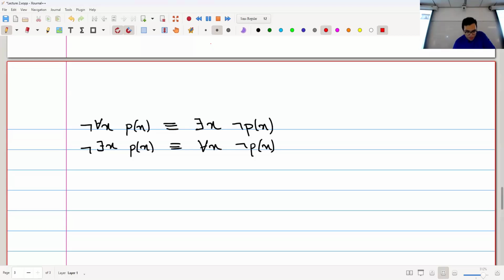So first of all, let's say that I have proven that for all x, P of x and Q of x. Then I would say that this is actually equivalent to for all x P of x and for all x Q of x.